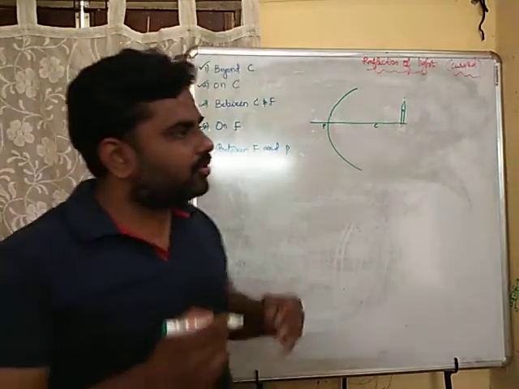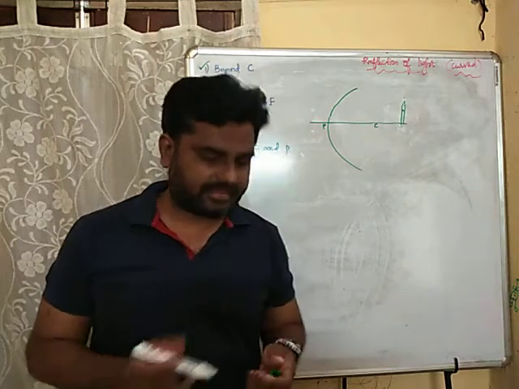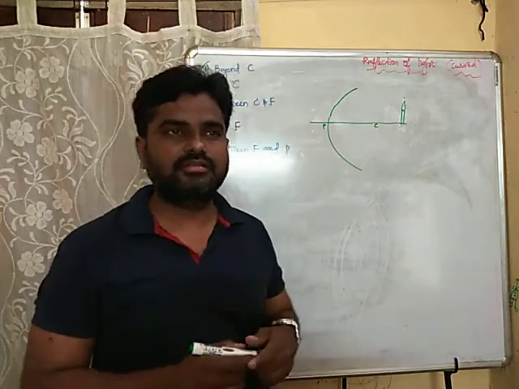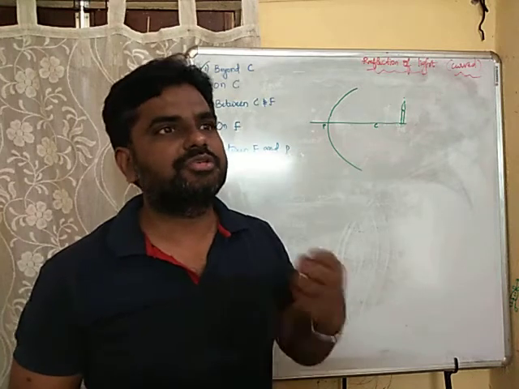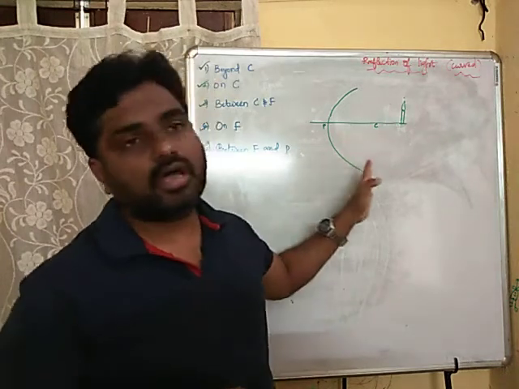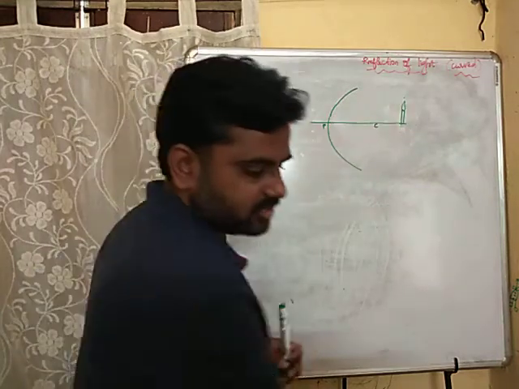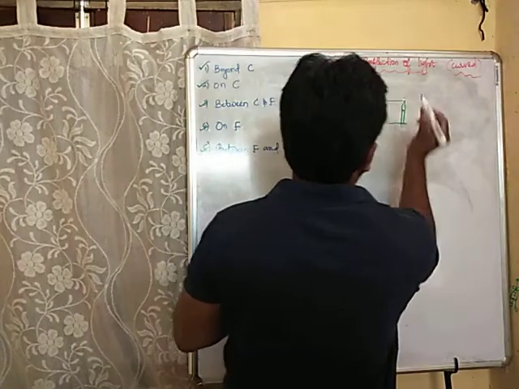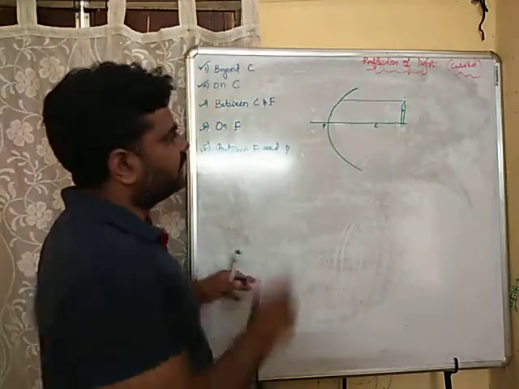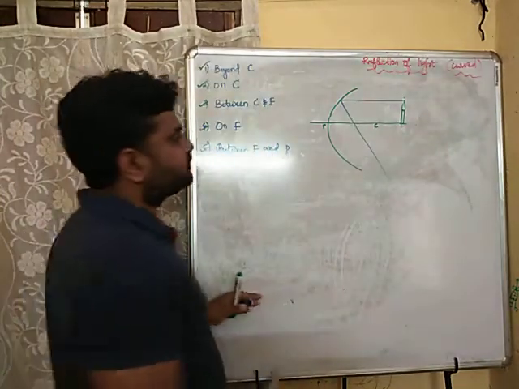Now you have learned three principal ray diagrams. Do you remember that? Yes. What is the first principal ray diagram which is used to draw or locate the image? The first one is parallel to the principal axis. First, the light ray parallel to the principal axis has to pass through the focus, obviously.